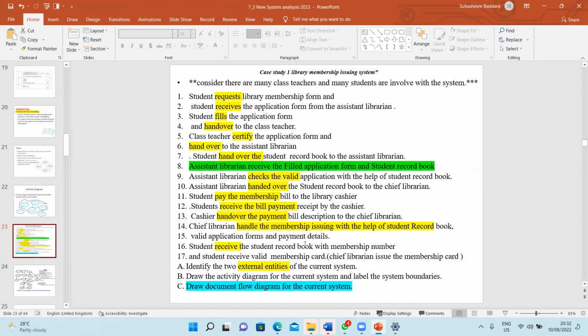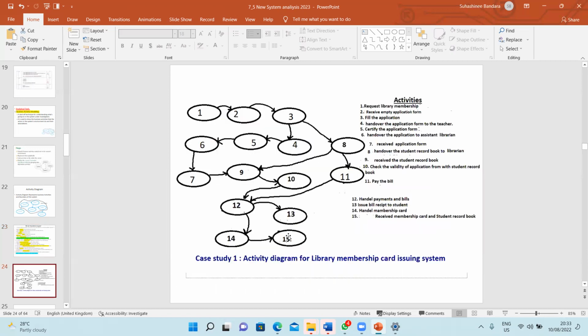Then student receive the student record book and membership. Last one, student receive the valid membership. Okay, so likewise, one by one, I have taken up to 15 because I have added 2 points together. So you can make one by one up to the last one. So this is what we call an activity diagram.